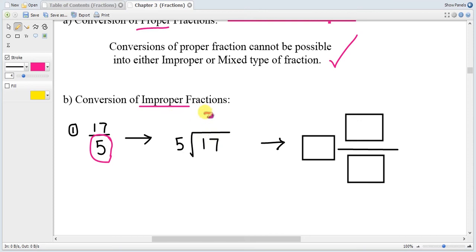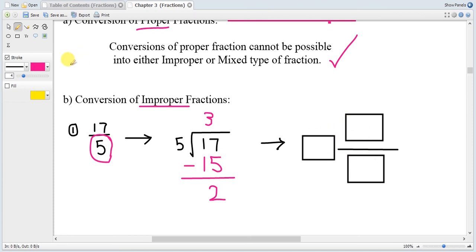We restrict ourselves to 3 times 5 is 15. According to the division rule, we take away: 17 take away 15 leaves us with 2. We are done.